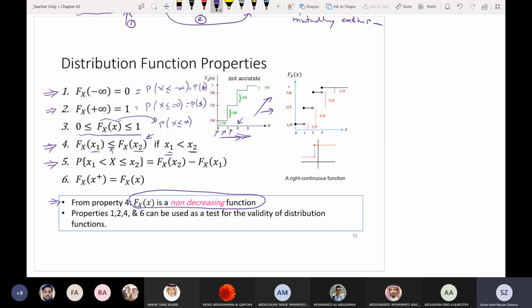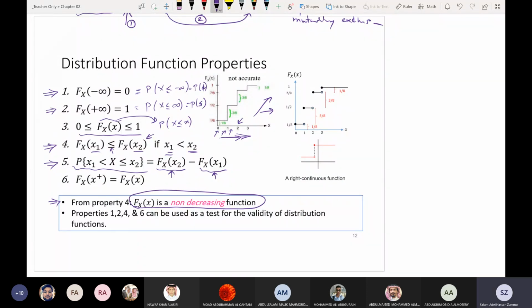Property number 5. If I want to find the probability of X between two numbers, x1 and x2, then this is equal to F_X of x2 minus F_X of x1. So the probability that X lies between two numbers, x1 and x2, equals the CDF at x2 minus the CDF at x1.